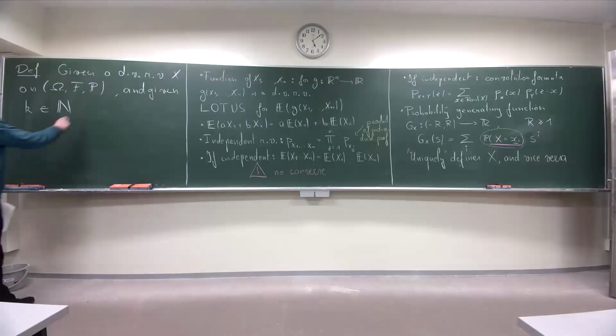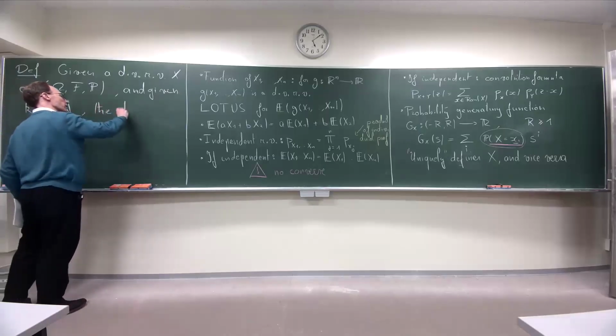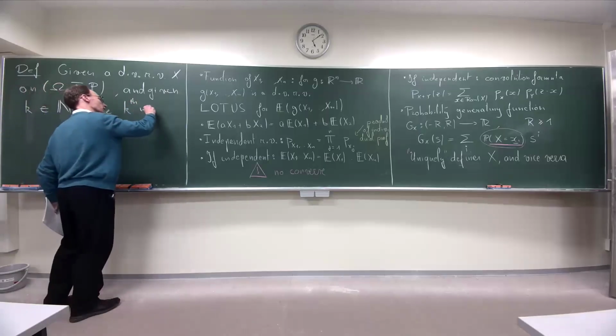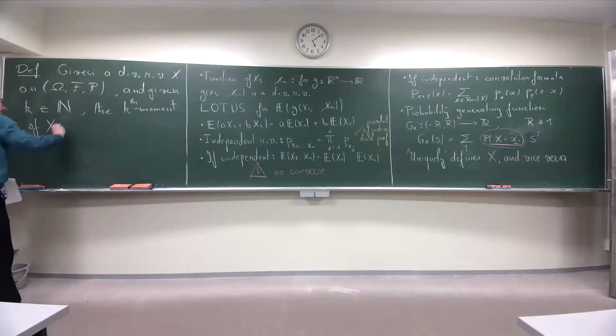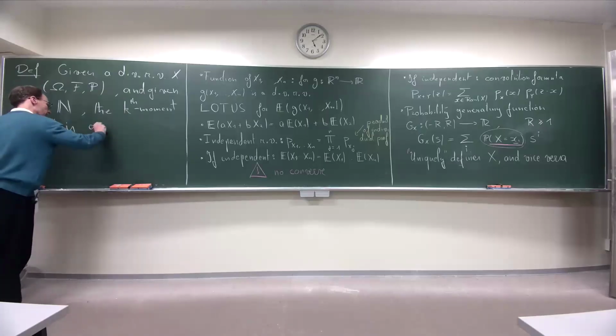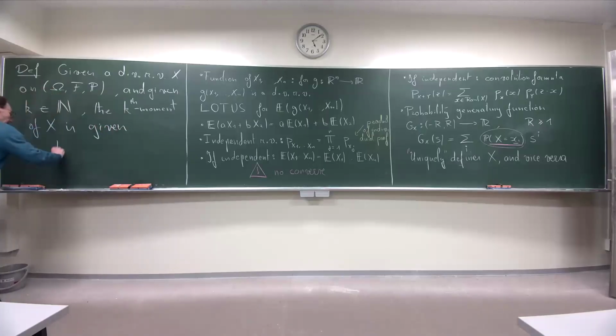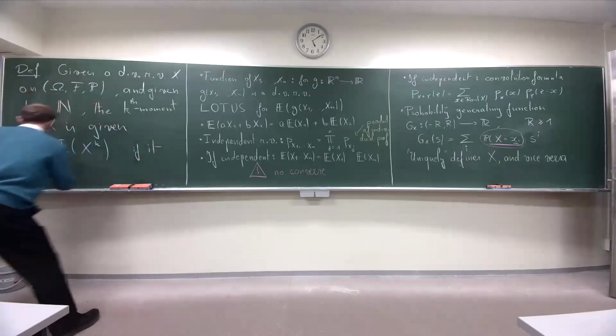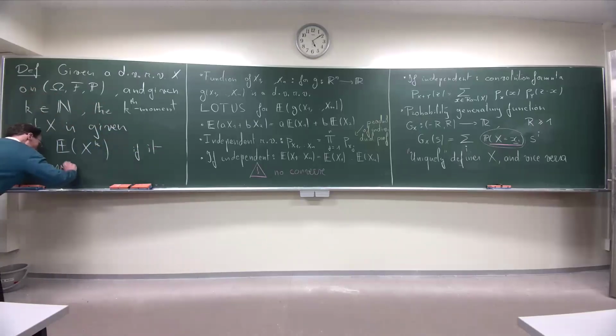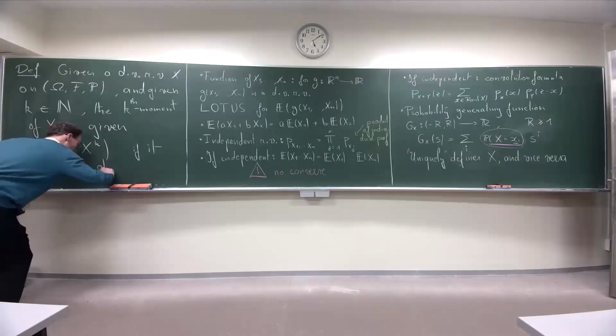what we call the k-th moment of X is given by the expectation of X to the power k. This is a k-th moment. Of course, it doesn't always exist, so I have to add: if it converges absolutely.